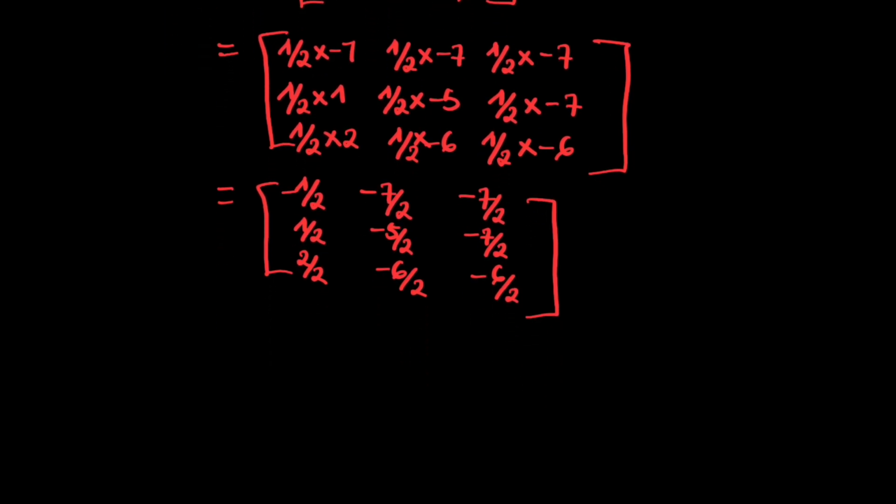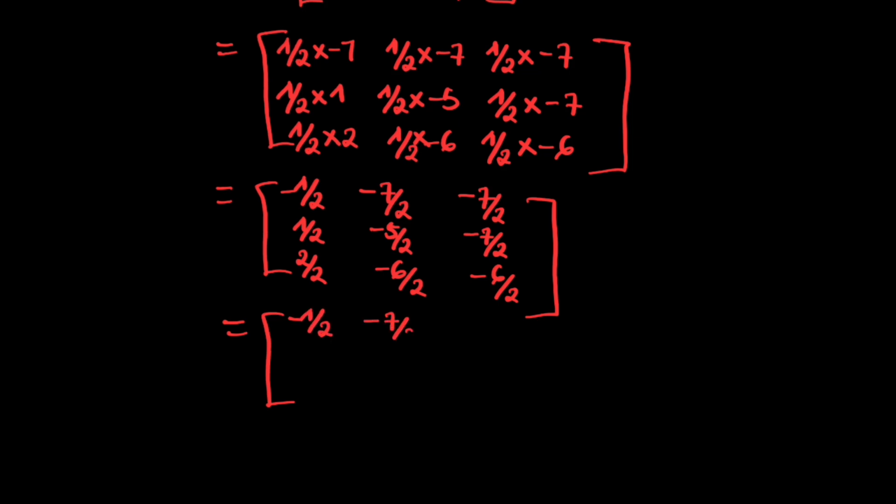We could leave it like this, but there are some fractions in the matrix which can be further simplified. We should simplify it until we cannot simplify again. So half is like that, minus 7 on 2, minus 7 on 2, half, minus 5 on 2 cannot be simplified, minus 7 on 2.